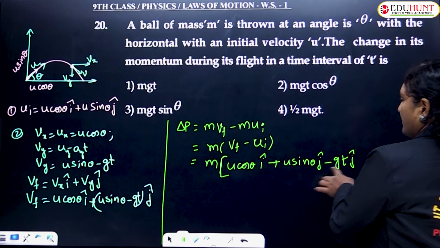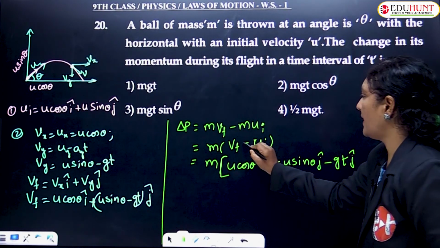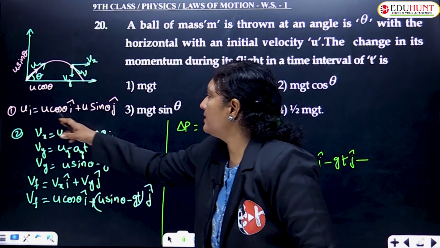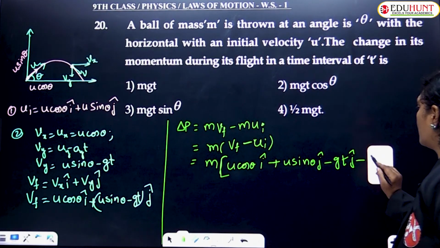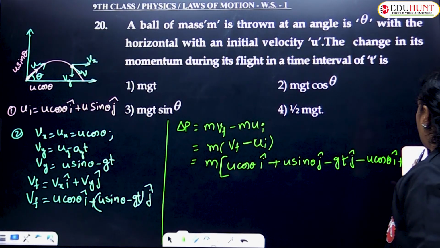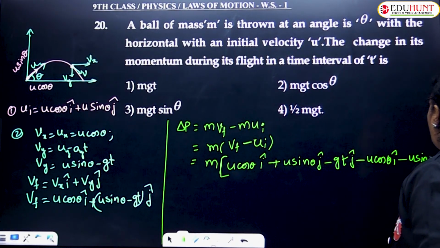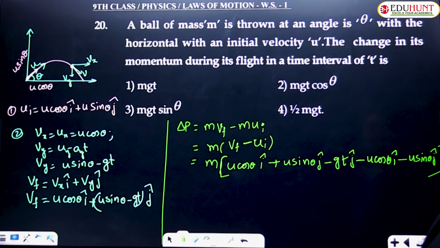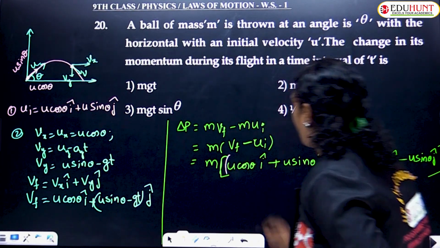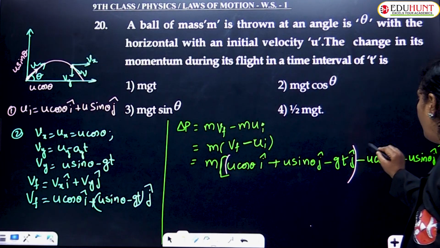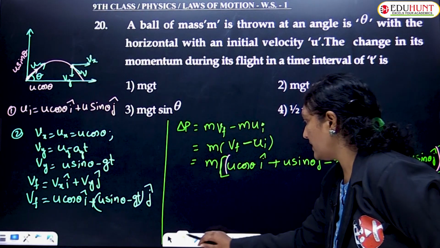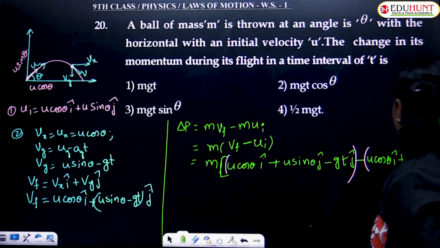So this is the complete value of Vf, and here the minus is there, which I replaced, and what is ui, children? ui is equal to u cos theta i cap plus u sin theta j cap, and since the minus is there, after taking it inside it will become minus. Hope you understood. Let me make it clear: this whole part is the value of Vf and this whole part is the value of ui.